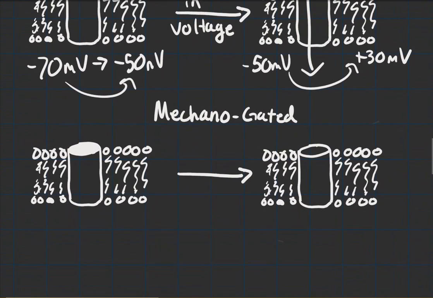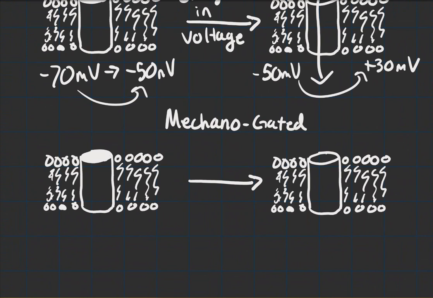All right, the last one is the mechanogated channel, and instead of referring to a key opening a gate, this would be like if you just physically forced your way through the gate, like you knocked the gate down or pushed it to the side entirely. But if you can imagine a cell membrane being pushed to either side, being physically stretched open, that physical force of stretching the cell membrane will just physically open the gate.